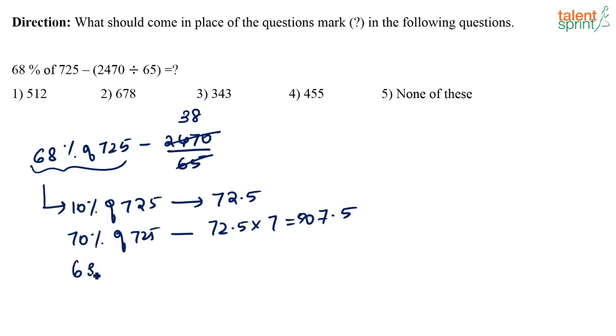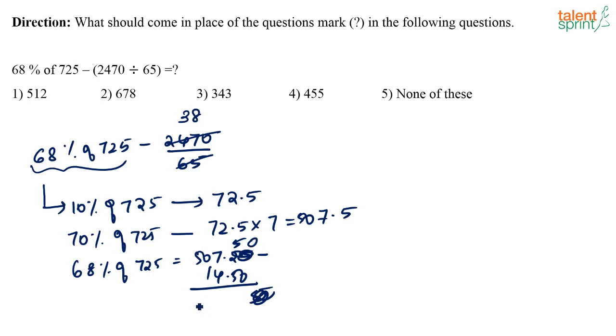So what is 68% of 725? It is nothing but this 507.5 minus 2% of 725. So 2% of 725 is nothing but 7.25 into 2, that is 14.50.